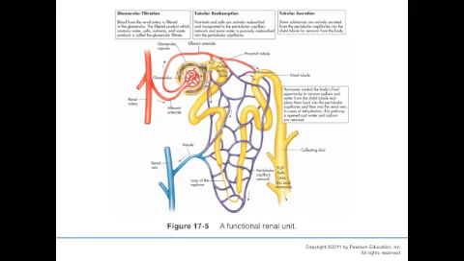And as the filtrate continues its journey along the renal tubules, you'll see that when it finally makes its way over to the distal tubule, hydrogen ions can come out, as well as ammonia. And further along, you see that the water, salts, urea, uric acid, and ammonia are excreted out into the urine.